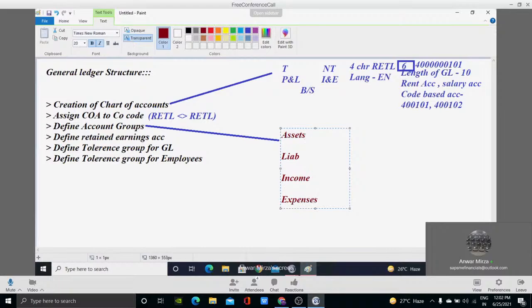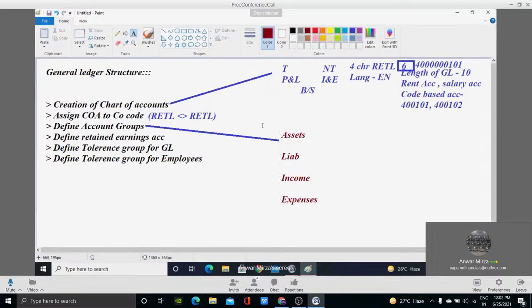Now, these are the most common groups. Under these, a lot of subgroups are there. Some companies may go for 23 groups, some may have 20 groups, some have 50. Based on their requirements, they will create the groups and prepare the report. I hope you got this.